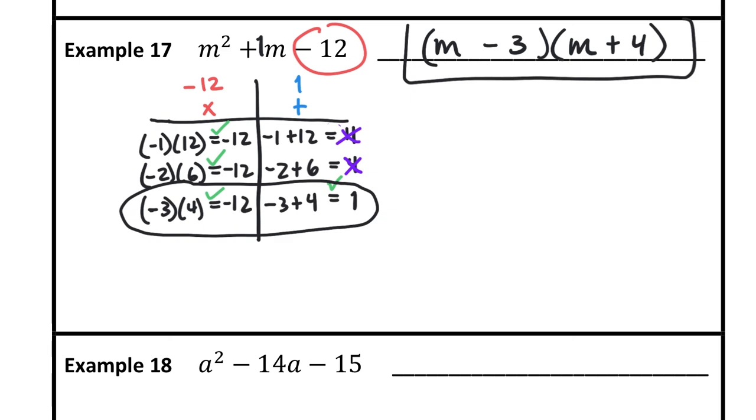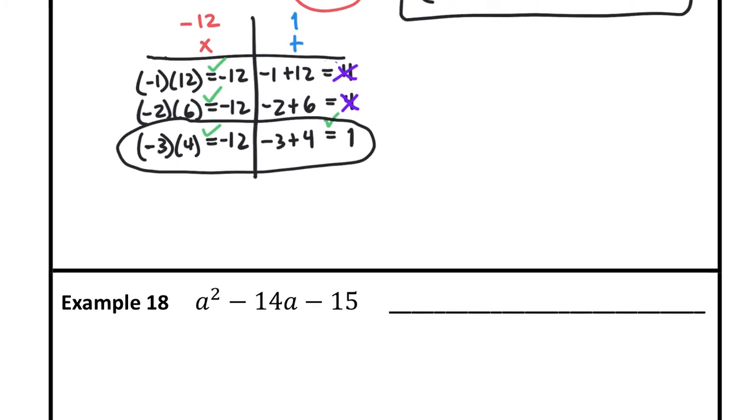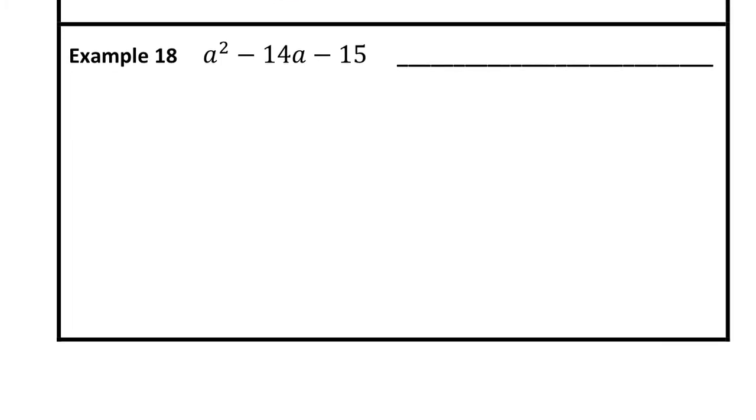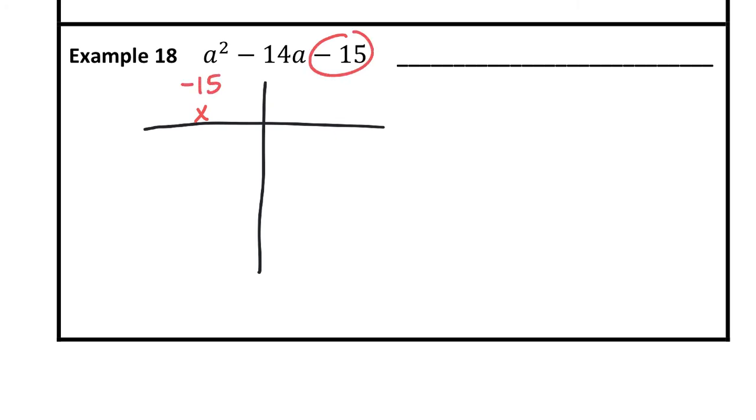Right, and then let's look at the last one, the table method. So I'm looking for two numbers that multiply to give me -15, and when I add them, give me -14.